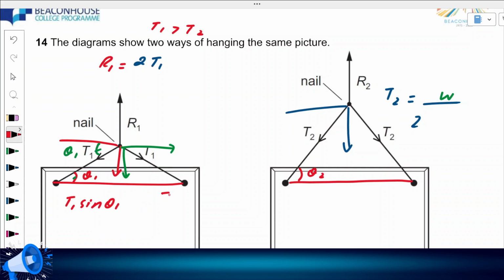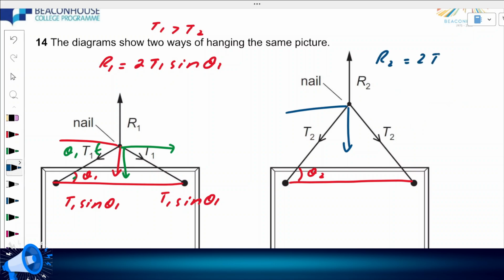Likewise, the vertical component from the other T1 would also be T1 sine theta 1. So the total upward force is R1 and the total downward force would be 2 T1 sine theta 1. Likewise, for the other diagram, you'll be getting the same equation. The total upward force is R2 and the total downward force would be 2 T2 sine theta 2.